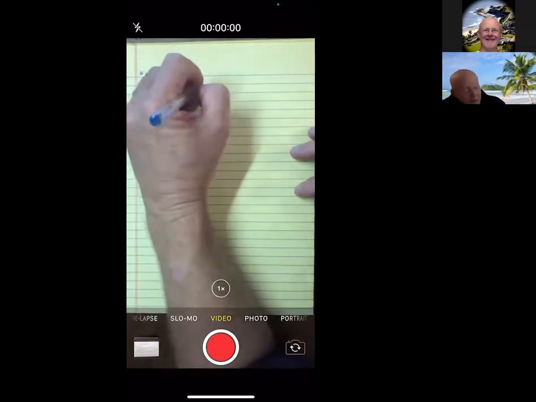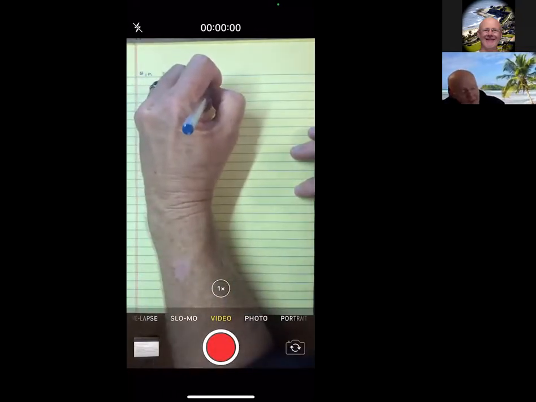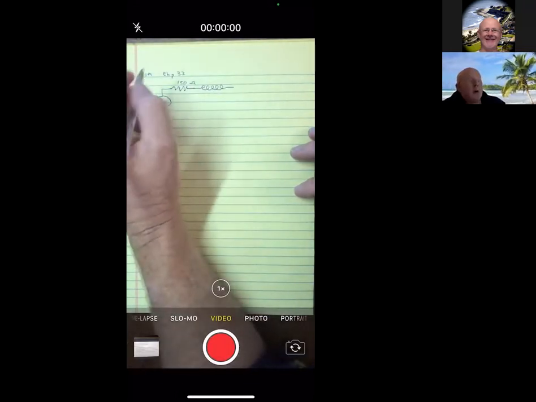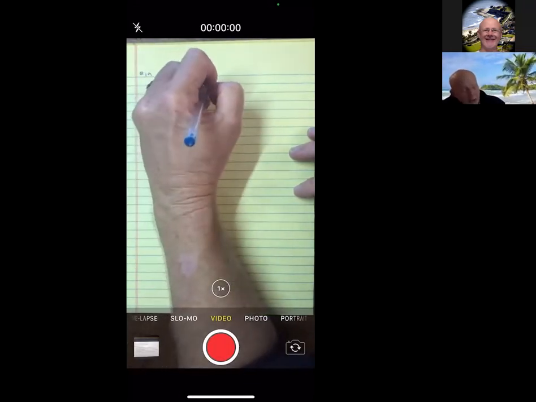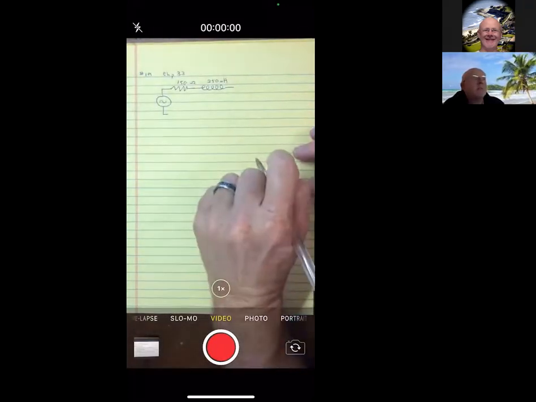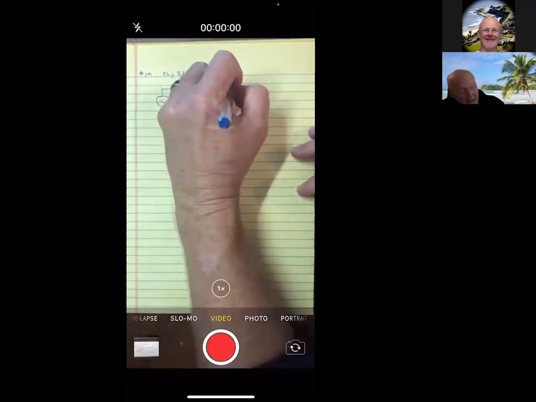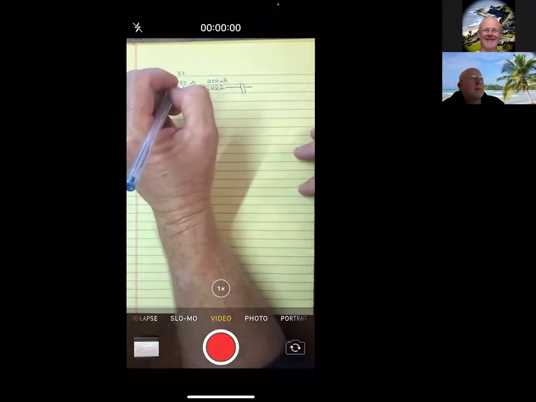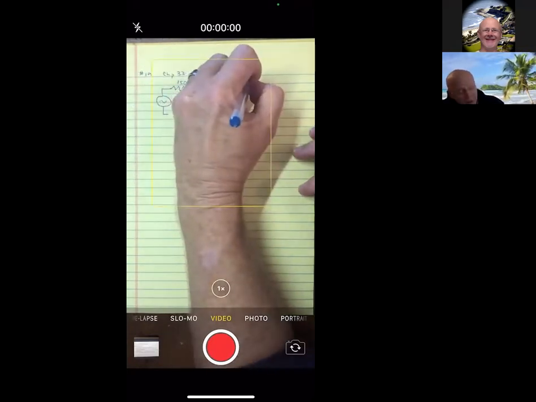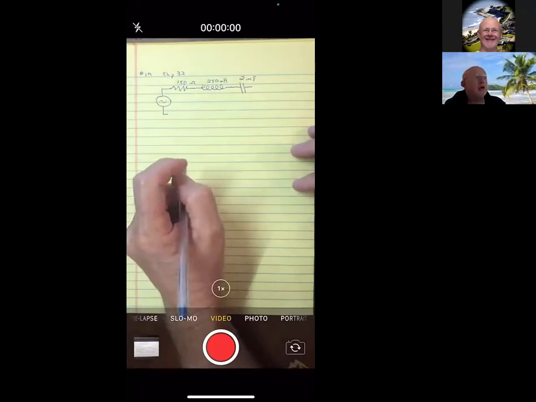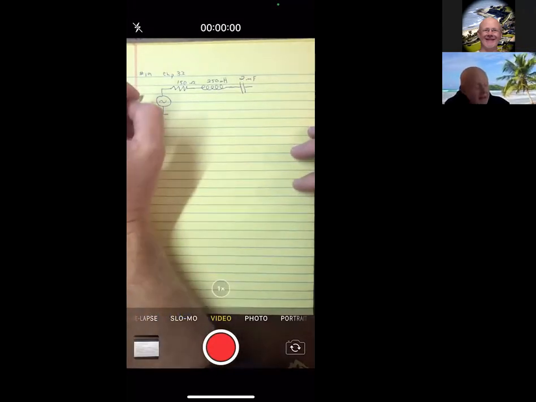An inductor that is 250 millihenries. A capacitor of 2 microfarad, and a source that has a voltage, and since it's AC, it changes.